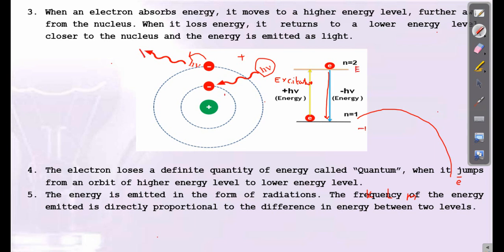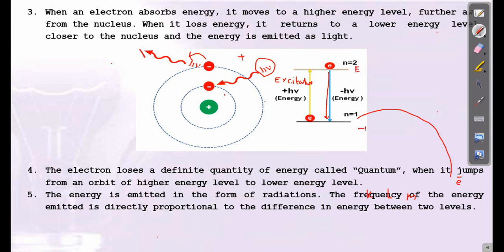Similarly, point number 4, this process is basically a quantized process. It absorbs a fixed amount of energy to move to a higher energy level, and when an electron comes back to the lower energy orbit, it will lose a definite quantity of energy, and this definite quantity of energy is known as quantum. Basically, Bohr used the idea of Planck's quantum theory.